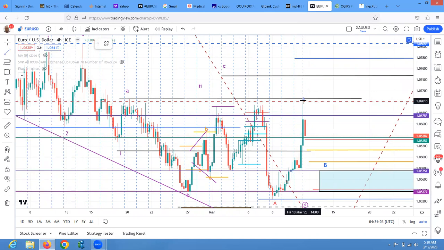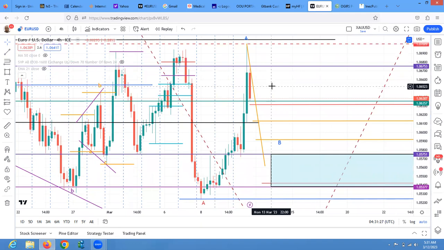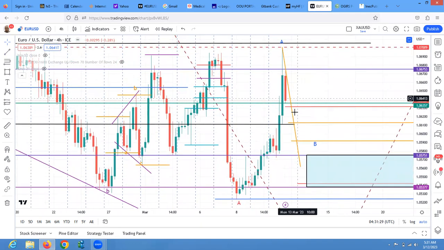So when you come here and you lay 4 to 4, what I did here is to tell you that once price breaks this, it's telling you it's done with the first movement here.